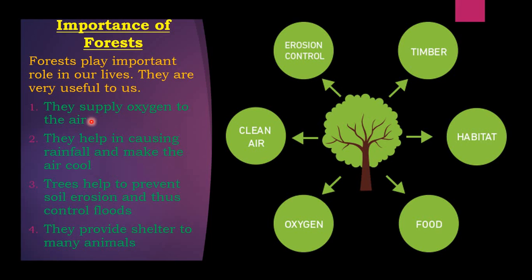Because they want the best of the best furniture in their houses, the best doors, or cupboards, etc. So man is using all these things. Of course, if they want the best of the best things, the trees have to provide them. So for that, man is misusing the trees and the forest.